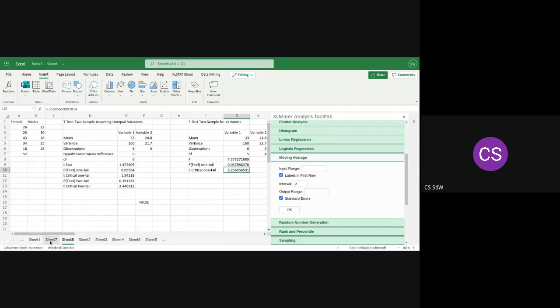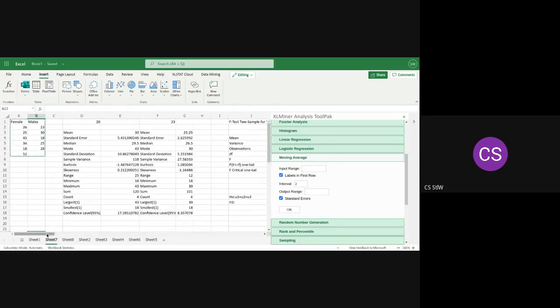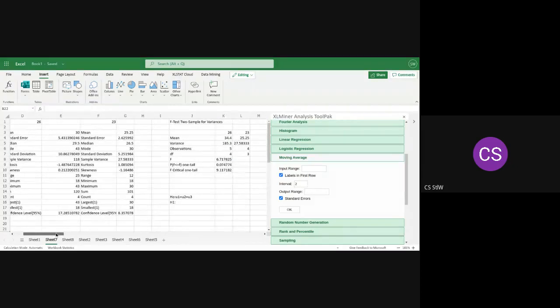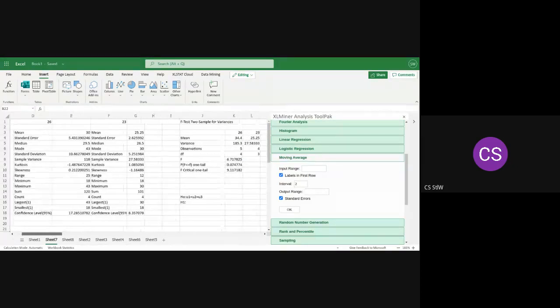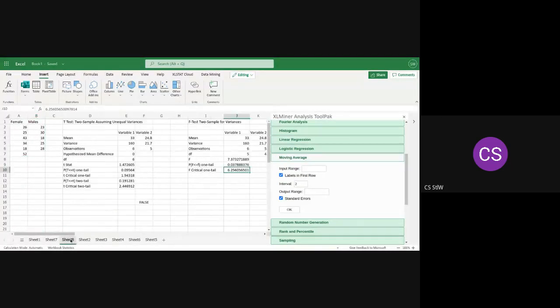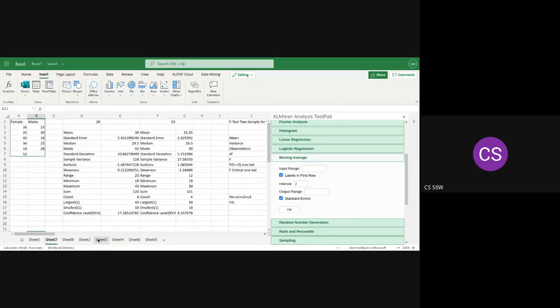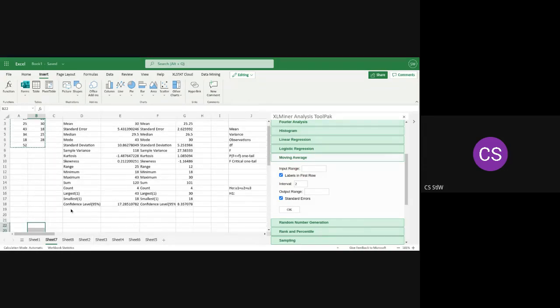Wait, the counts differ as well. Let me see. Observation 5 and 4, observation 6 and 5. Yeah, so it would hit. Let us see if there's another one.